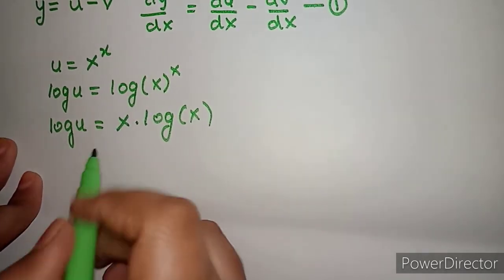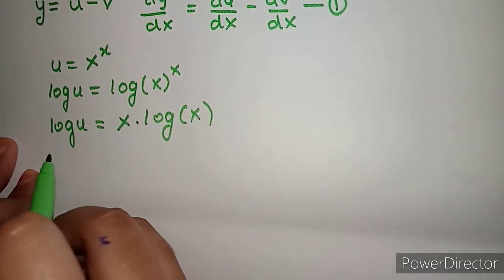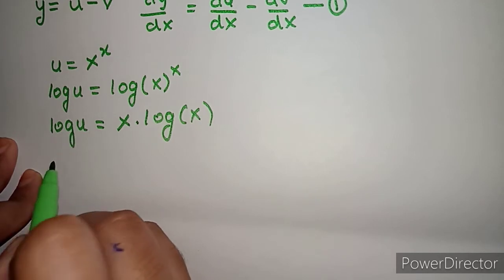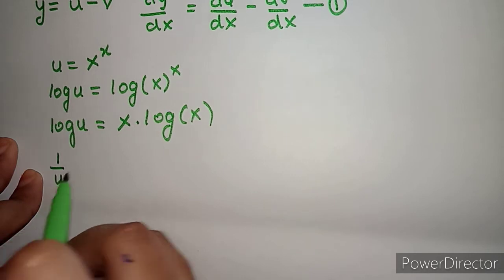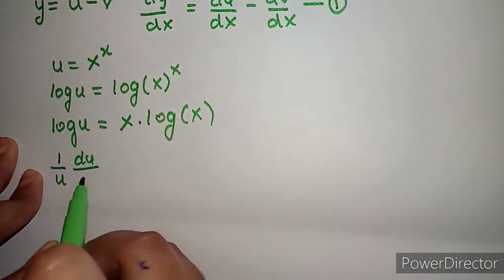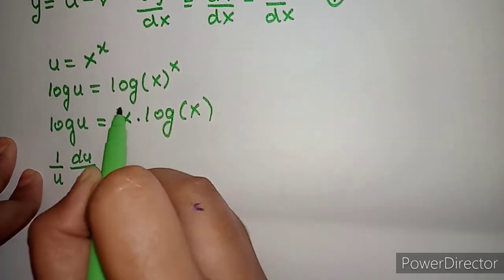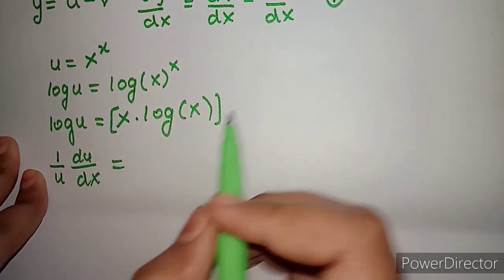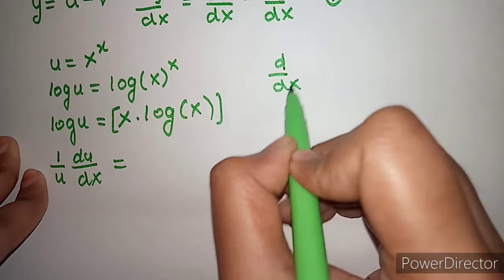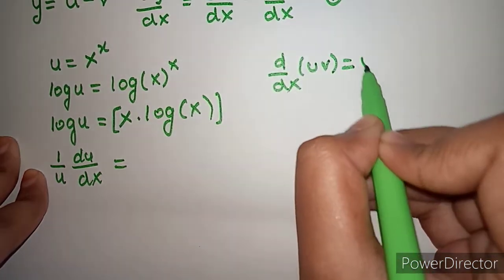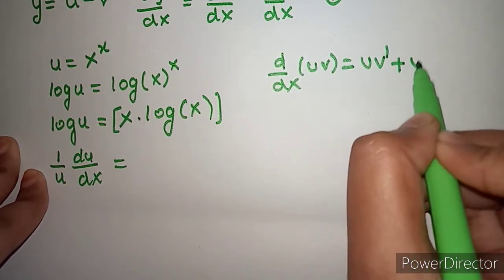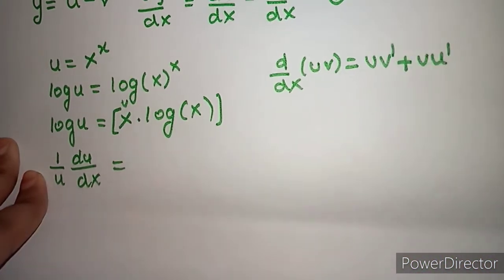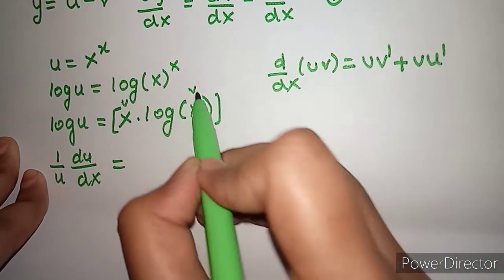Now next step is differentiate on both sides. When I differentiate, log u is a dependent variable, so I will get 1 by u du by dx. See, this x dot log x is in the form of uv. What is d by dx of uv? It is uv dash plus vu dash. What is u here? x. What is v?